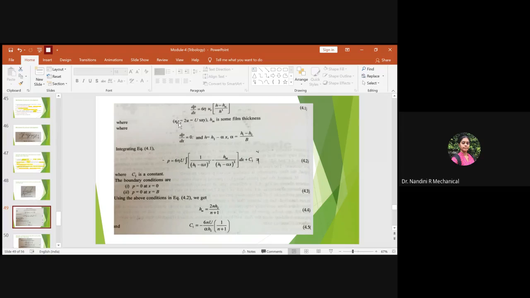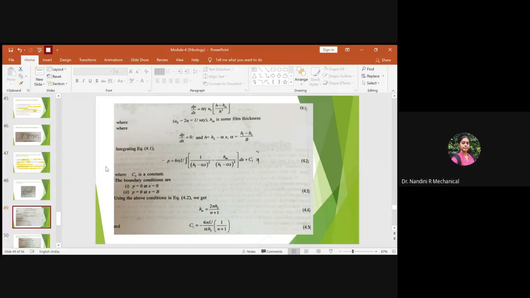And next you have to put forward for what condition of pressure you're trying to correlate the equation. So first we are assuming the boundary condition as P is equal to 0. So we are taking dP by dx is equal to 0. And the other assumption which was followed is that H here will be H1 minus alpha x.